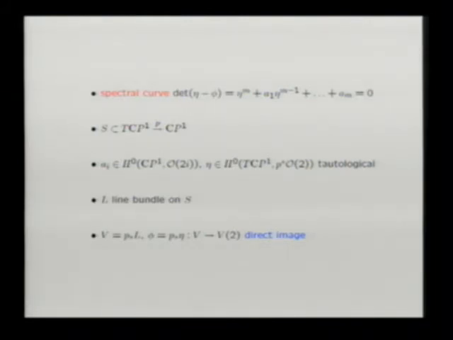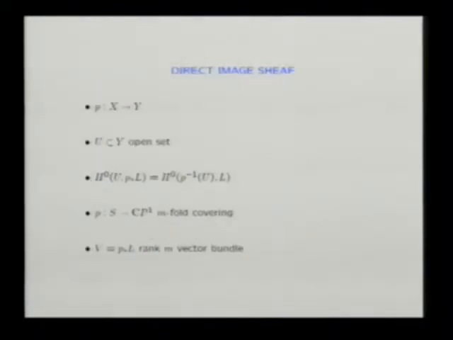Then the construction is that you take a holomorphic line bundle on S, you take its direct image sheaf, and then the direct image sheaf of this eta, this tautological object, is actually the Higgs field. I don't want to go into too many details over this. The direct image sheaf is just an algebraic geometric construction.